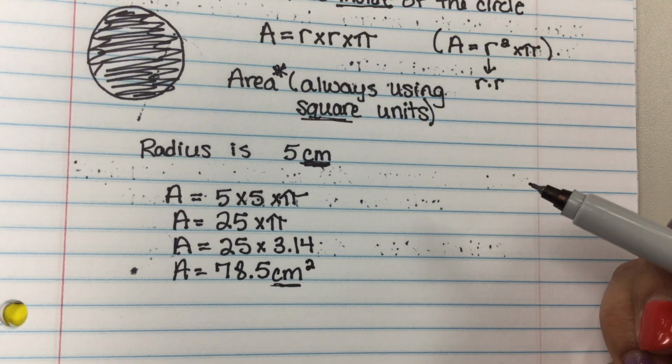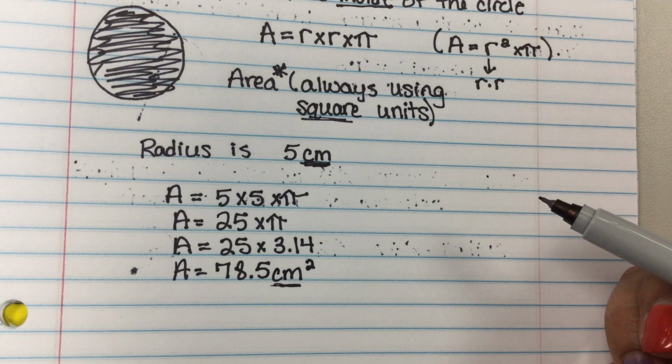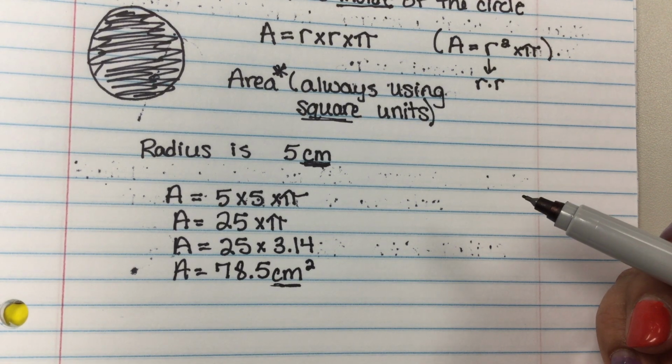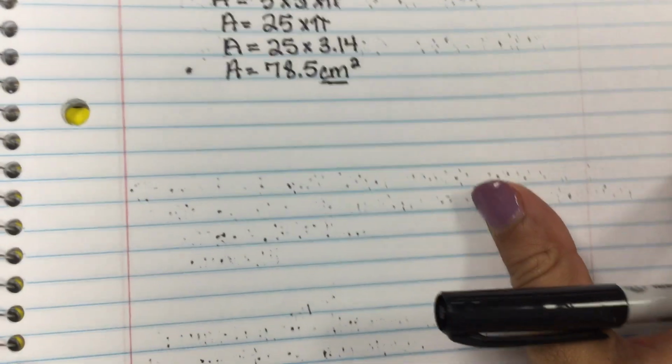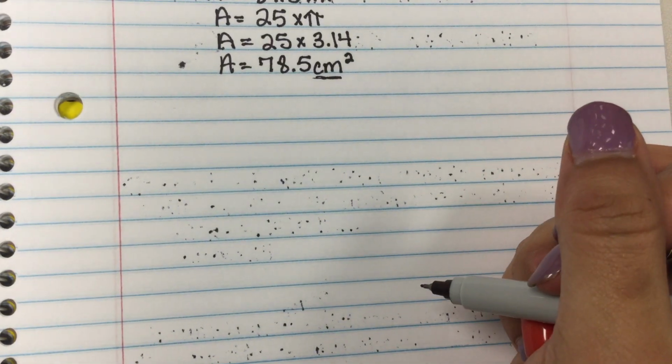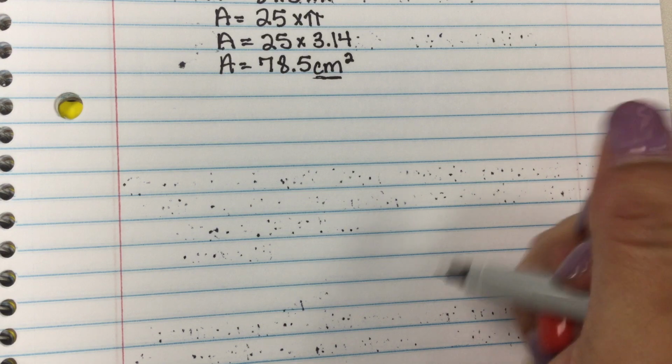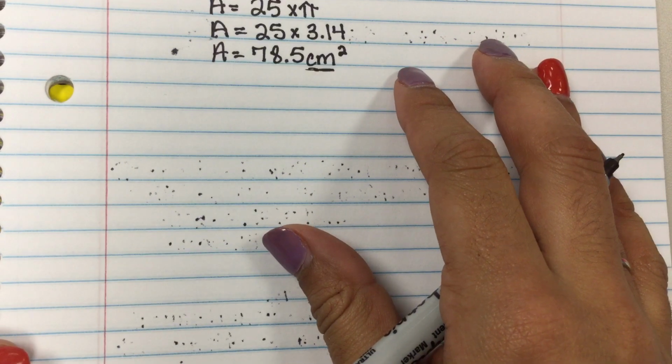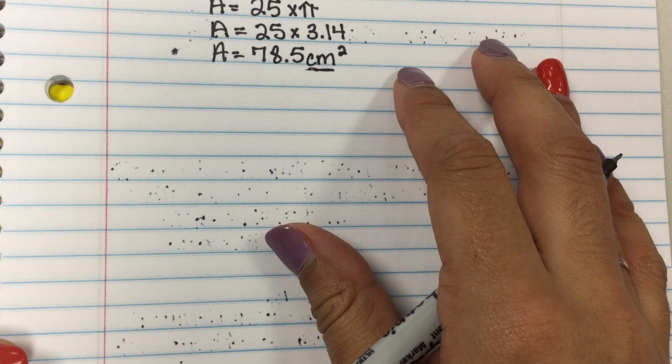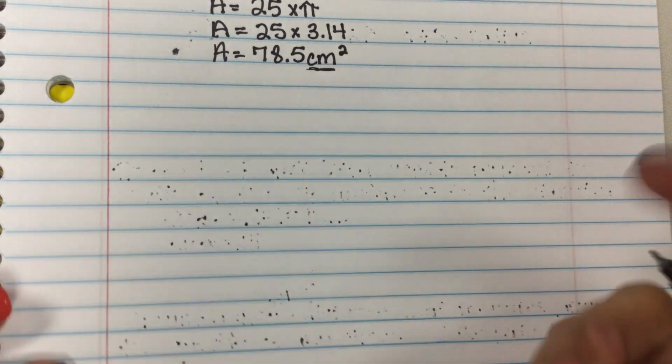So I'm going to write down some examples for you to do. That way you can practice some on your own. I'll go ahead and pause the video and work it out, and then you can look at my answers after you're done.